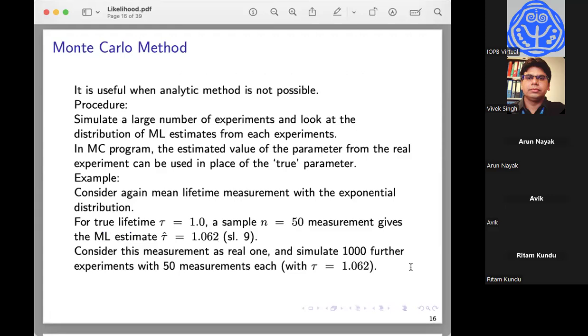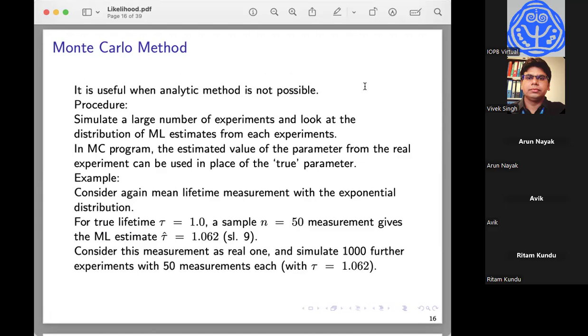Now the second method is the Monte Carlo method. This method is useful if you cannot compute this analytically, so you can resort to Monte Carlo techniques. In this case, you can simply generate a large number of experiments.